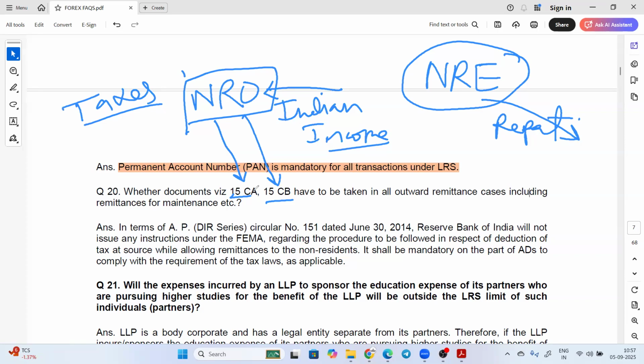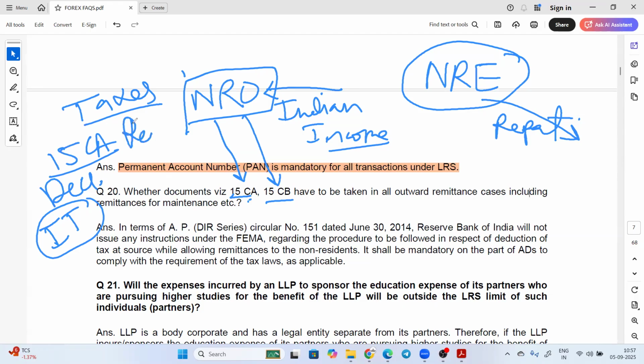Okay, what is Form 15 CA? 15 CA is the declaration on the income tax website. On the income tax website, the customer will give a declaration that we have paid all the taxes on the amount which we are remitting abroad.